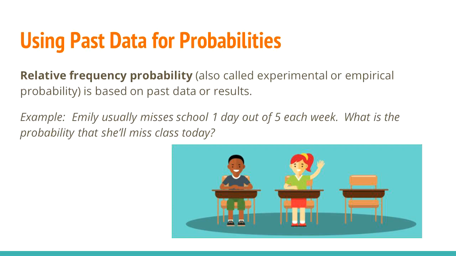If we use the data that we had for her in the past, it would be 1 out of 5 or 20%. Even though it's a fraction and looks like a theoretical probability, we call this a relative frequency probability because instead of being based on favorable out of total, it's being based on past data.